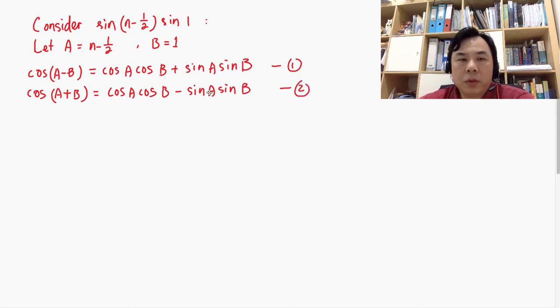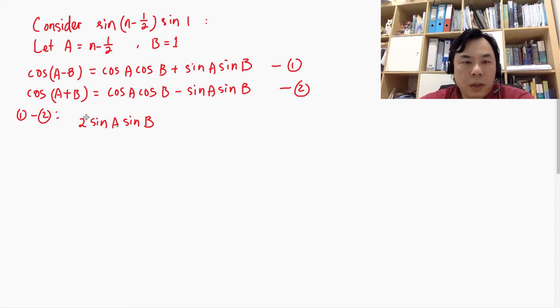So here we're going to solve this simultaneously so that we can get a form of the products between these both sines. So you can see that from here, we can take 1 subtract 2. So if we take 1 subtract 2, we will have 2 sine A sine B.